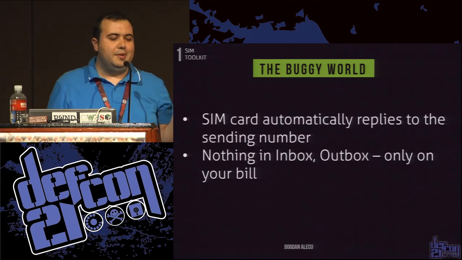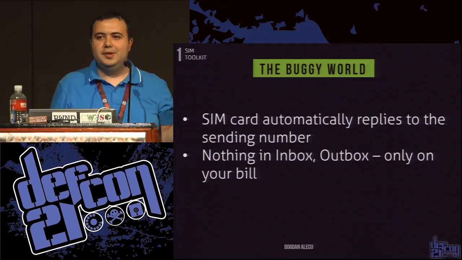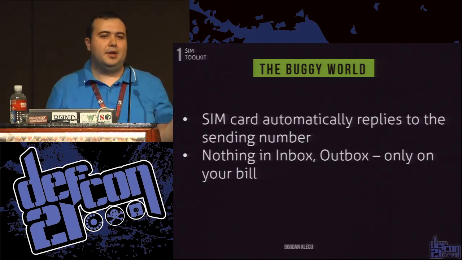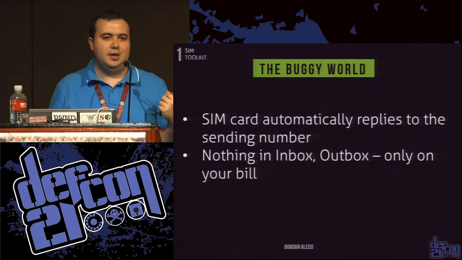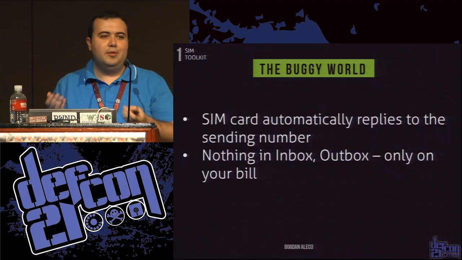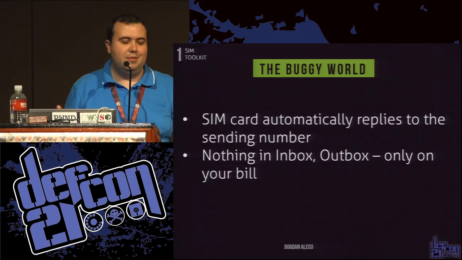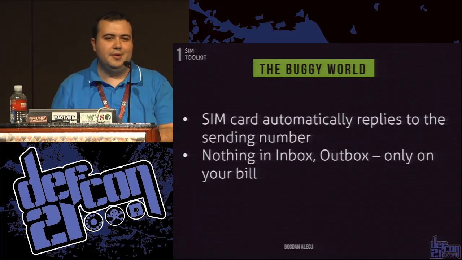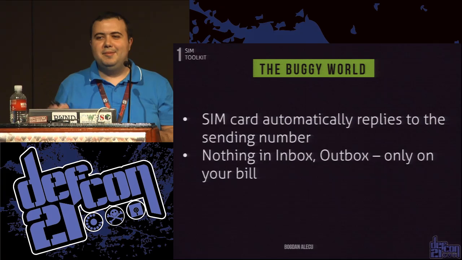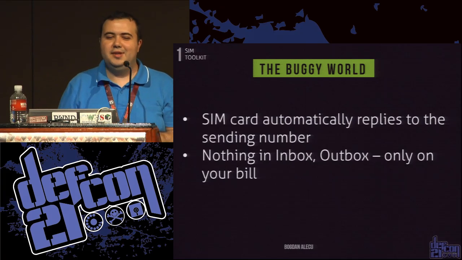So the SIM card automatically replies to the sending number. There is nothing in your inbox, nothing in your outbox. Basically you will have no idea that your SIM card has just sent a text message back to me. Only if you look at your bill, on your detailed call records, you will see that sometimes your SIM card has just sent a text message to someone.